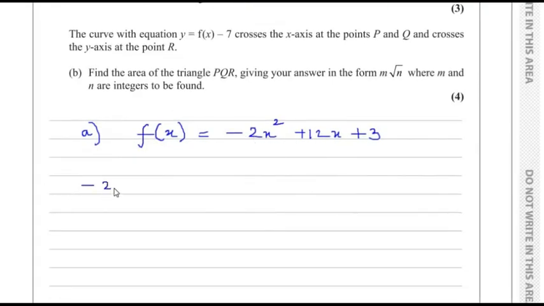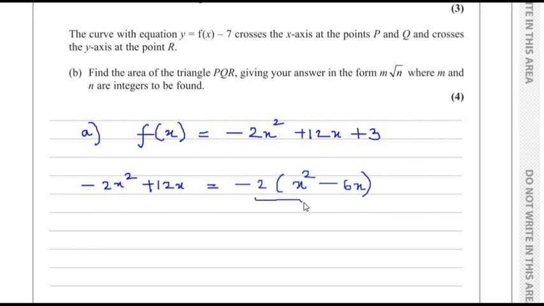I'll write it as minus 2x square plus 12x, and I will take negative 2 common from these two terms. That is, I'm going to factorize it. So I'll take negative 2 outside and it becomes x square minus 6x.